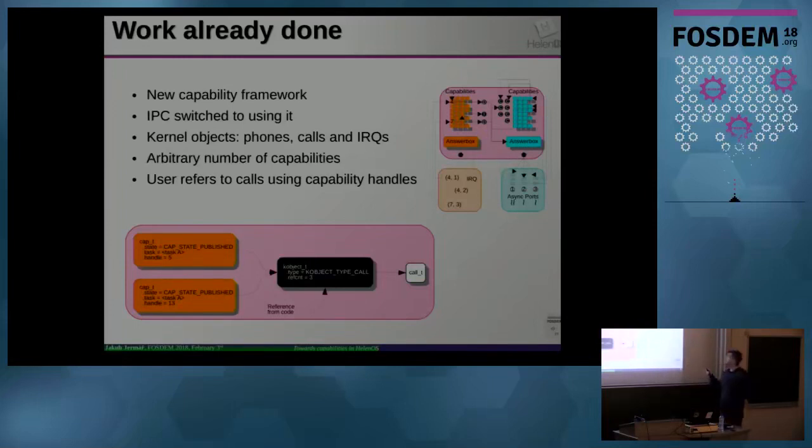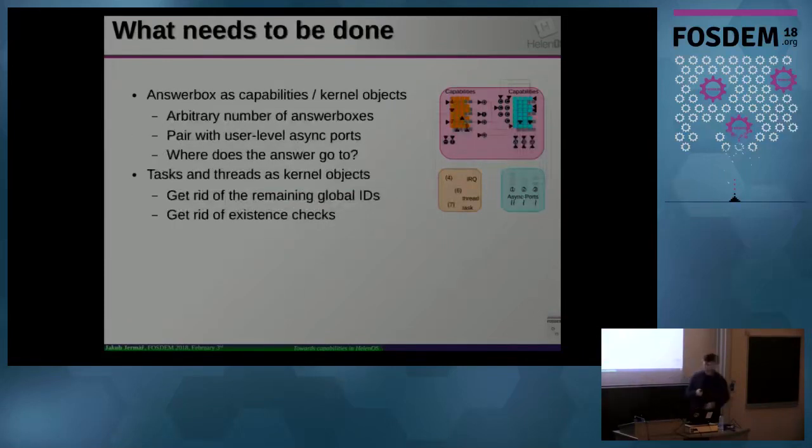Related to having only one answerbox, in this current situation we still need to use the capability, which points to the phone, and a global number which identifies the service or the object in the server. So it's slightly better than it used to be a year ago, but it's still not good enough. And we would like to have something like that.